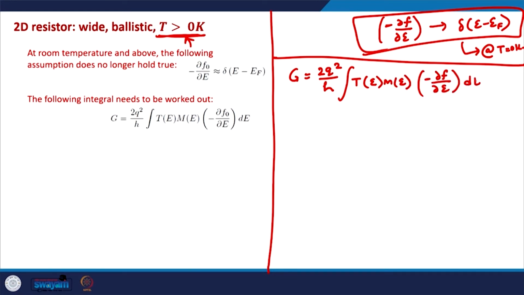And now this term needs to be explicitly calculated, and this is a tedious calculation, I would say.